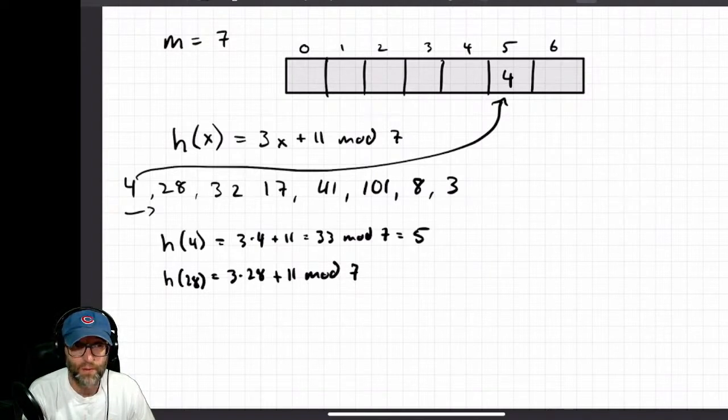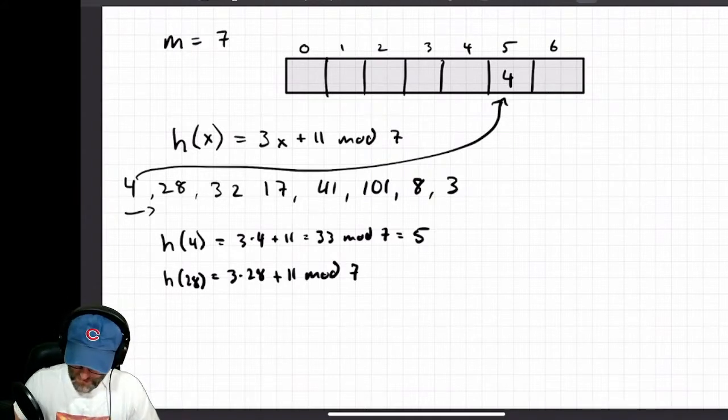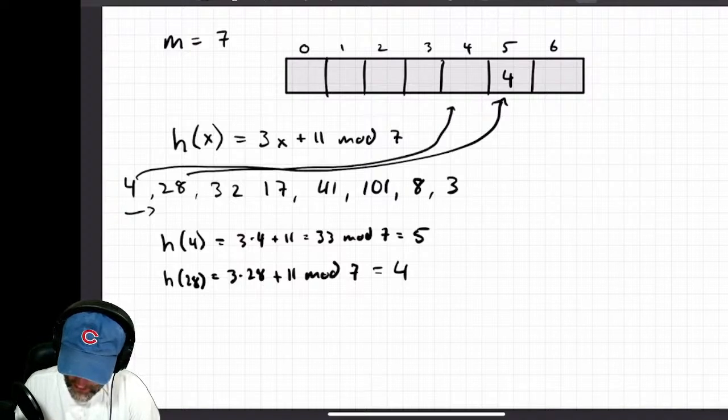Pretty sure it's 4, but I want to make absolutely sure. So 3 times 28 plus 11 mod 7. Yep, it's 4. So 28 gets mapped to 4.